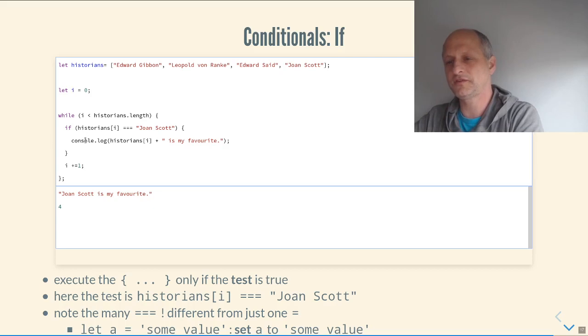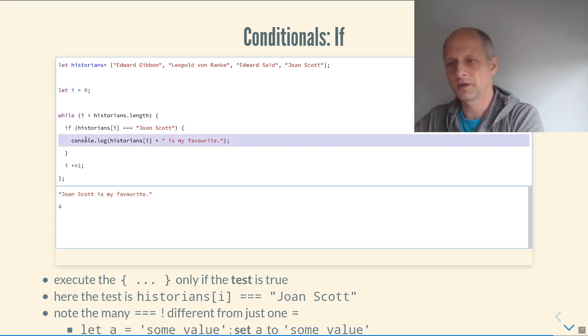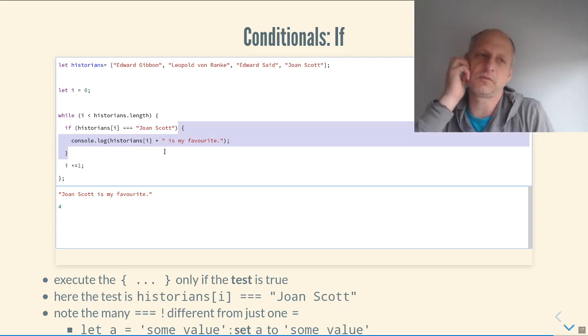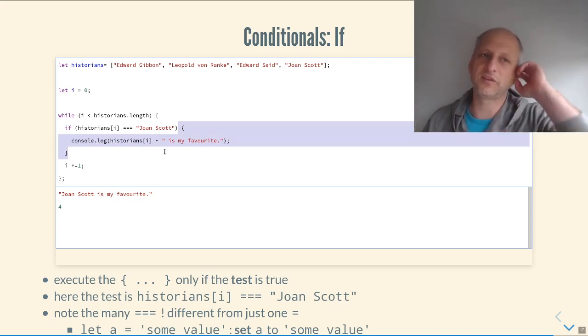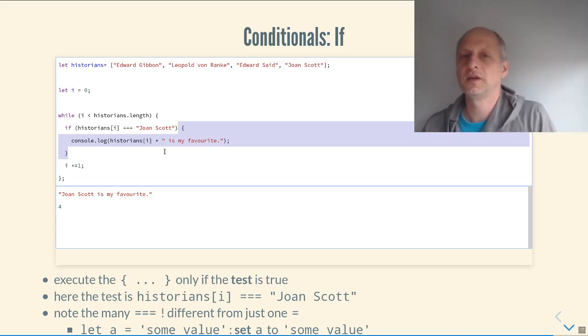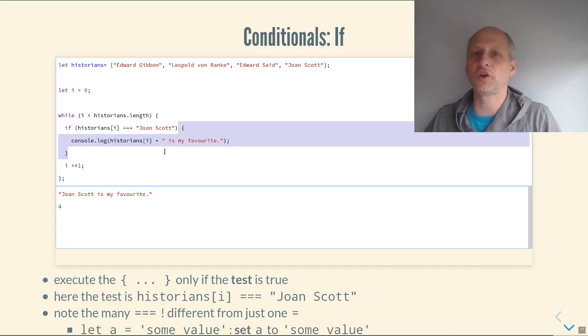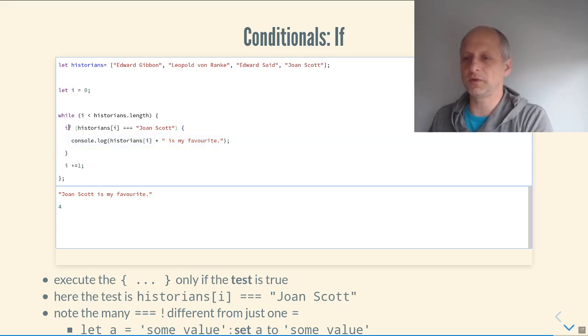We notice, though, that instead of just doing console.log, we wrap that console.log in another set of curly brackets, and you'll begin to see when you're working with JavaScript, there will often be many, many nested sets of curly brackets delimiting the scope of a while loop or of an if statement. So it's constructed in a similar way.